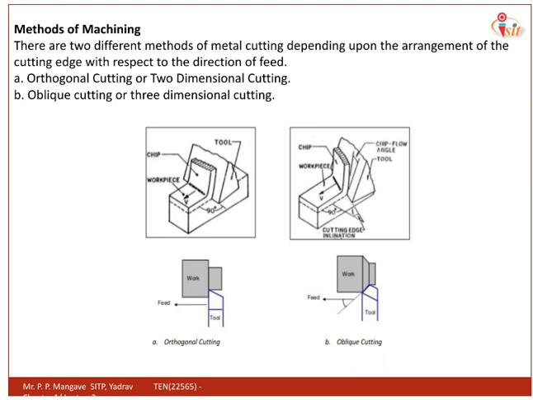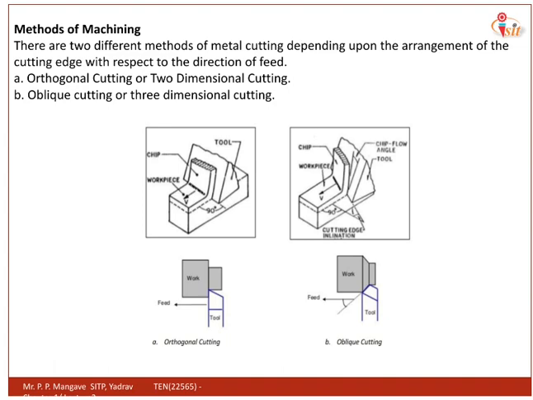Here you can see there is a difference between orthogonal cutting and oblique cutting. In oblique cutting, the surface of the tool is inclined at an angle to the direction of tool travel, or you can simply say, along the surface of the workpiece. The clear difference is seen in the below figure.